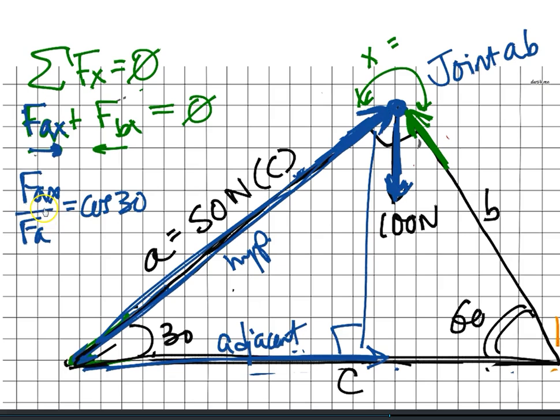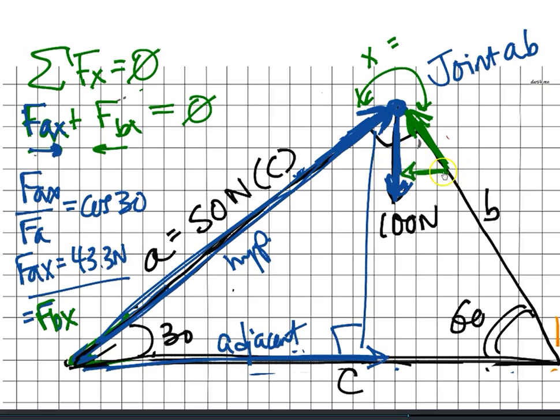FAX is adjacent to this 30-degree angle, and the hypotenuse is FA, which we just calculated in the last step. So FAX, adjacent divided by the hypotenuse FA, equals the cosine of 30 degrees. If we solve for that, FAX is 43.3 newtons, and that is the same as FBX.